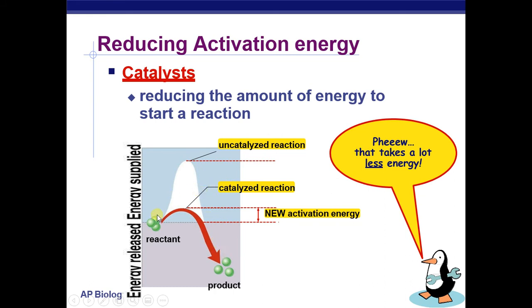With a catalyst, this is the activation energy that we need. So the reason that life is possible is that we have these biological catalysts in ourselves that allow the chemical reactions that need to happen to occur under less energy than they normally would.